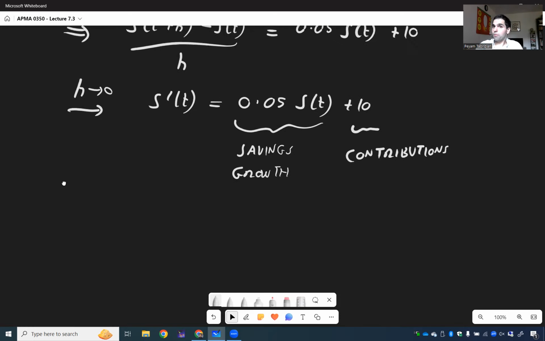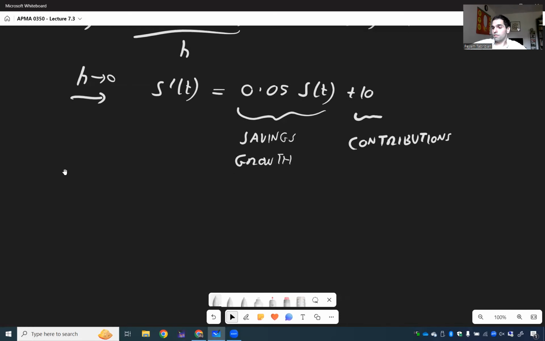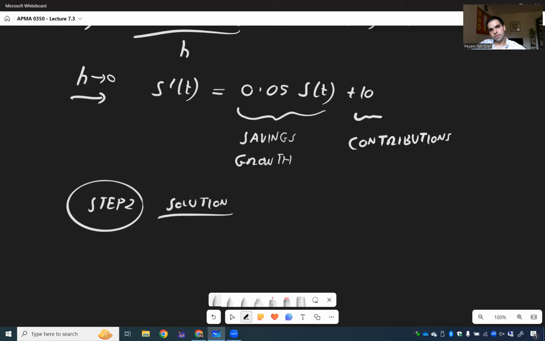Okay, and as I promised, I will not resolve this equation because this is an integrating factors question. So this is of the form s prime of t minus 0.05 s of t equals 10.